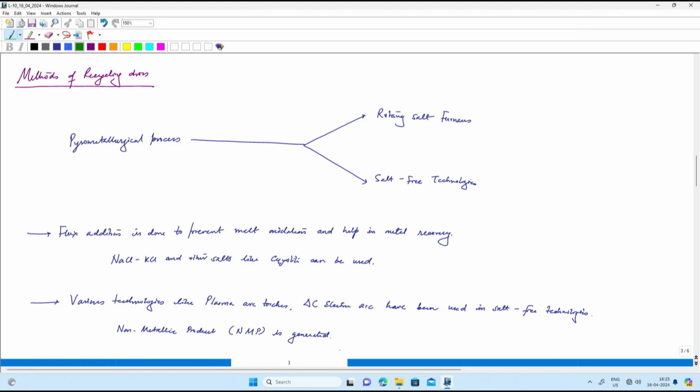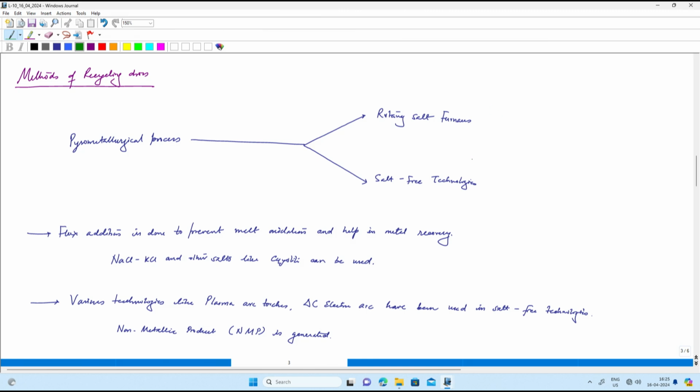So, what are the methods of recycling dross? The conventional, most commonly used method is the pyrometallurgical route of recycling dross. And this can be categorized as the conventional rotary salt furnaces and the modern, new age salt-free technologies.